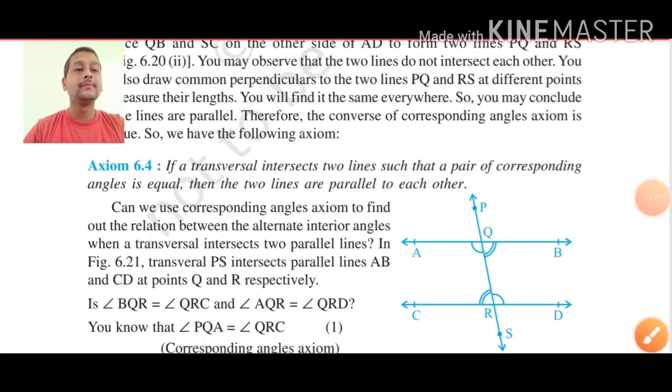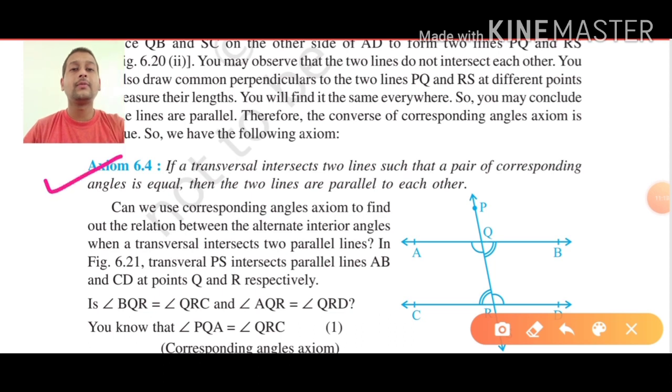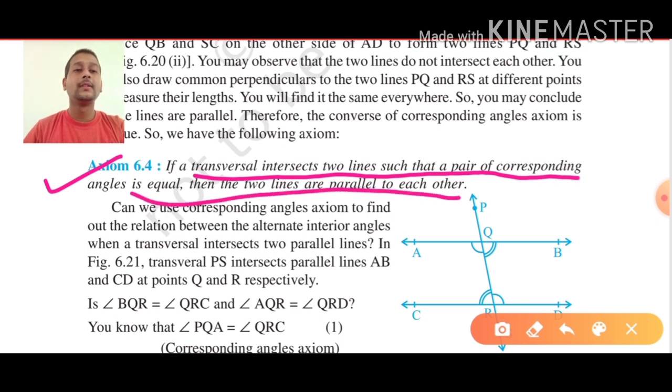The other one, 6.4, is the converse of the previous axiom. What was the axiom before and what we got: if two lines are parallel, then their corresponding angles made by the transversal are equal.